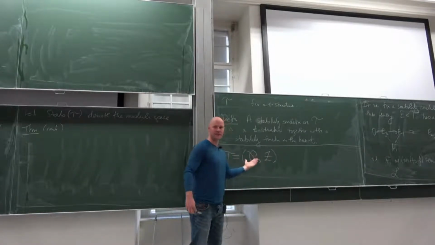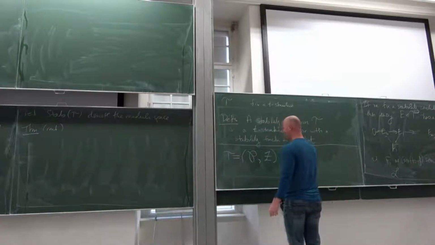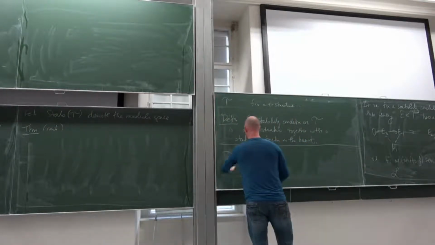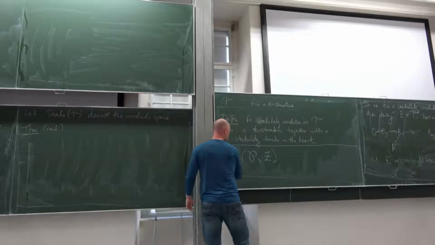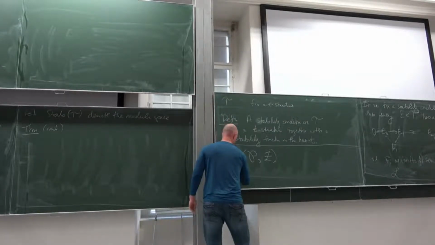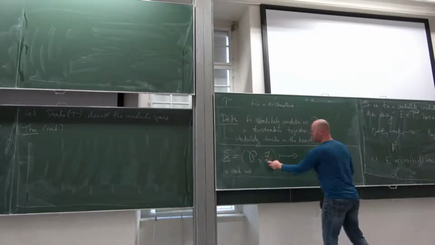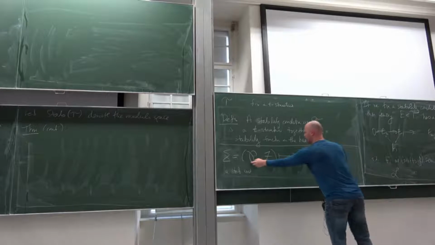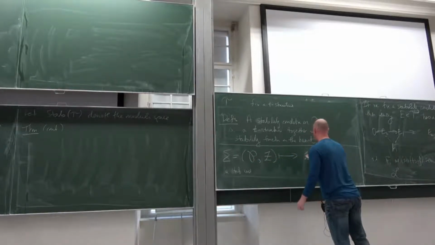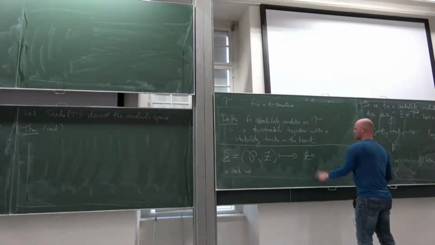So if you have a stability condition, let's call it sigma, there's a map to the space of central charges that just forgets what the semi-stable objects are and just remembers the central charge.